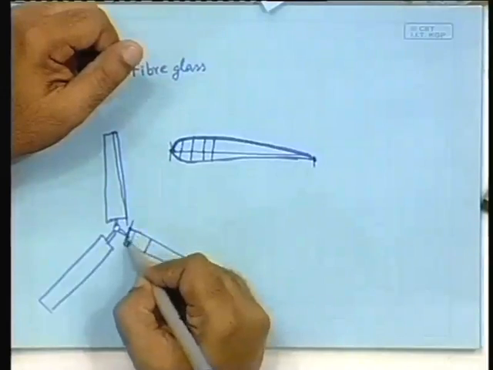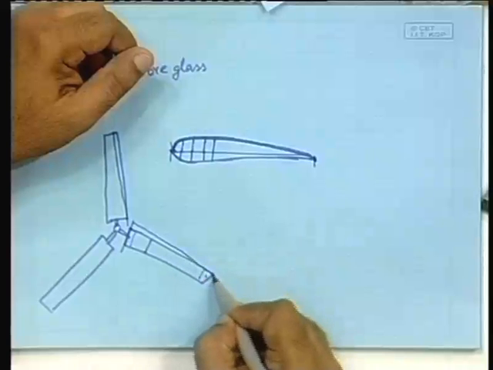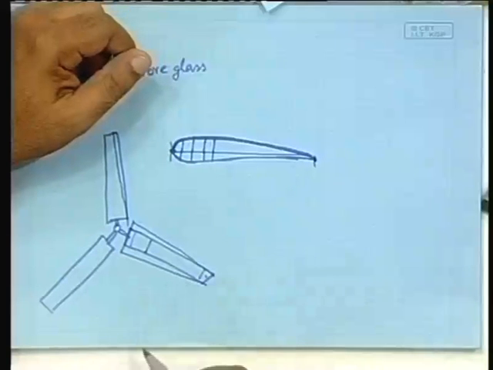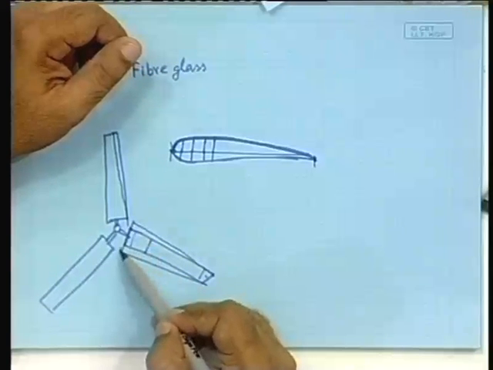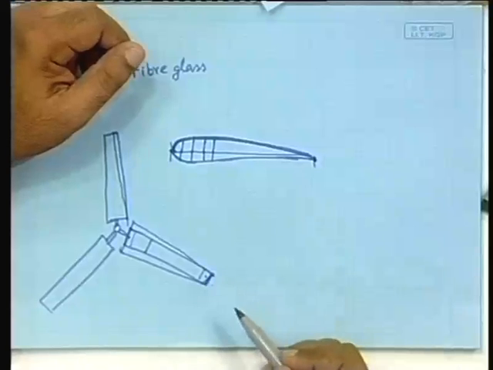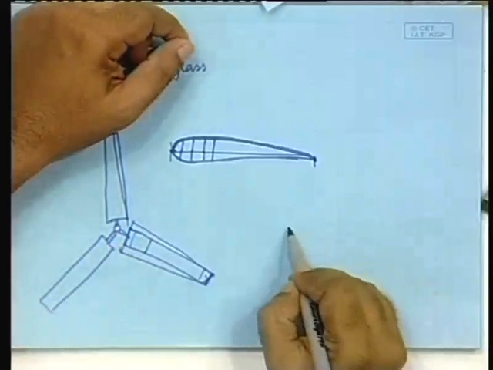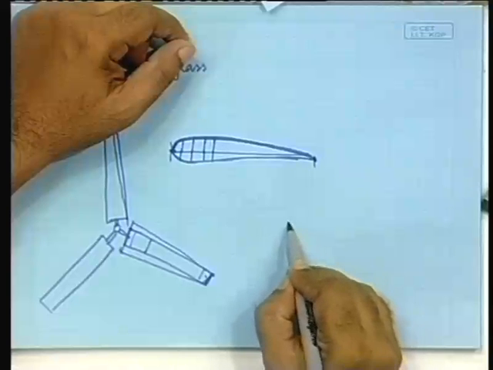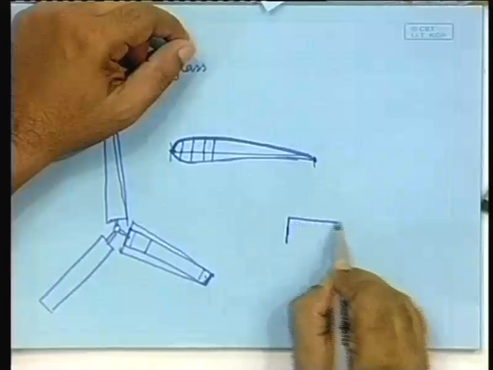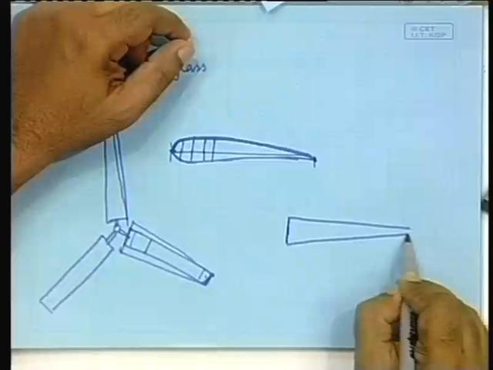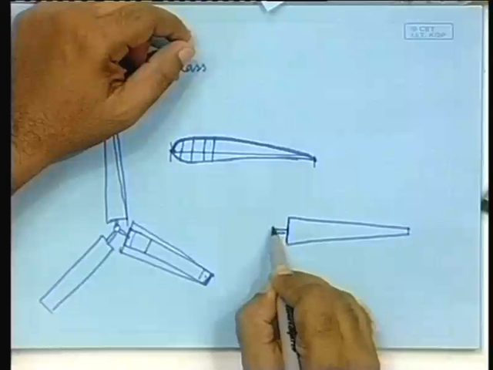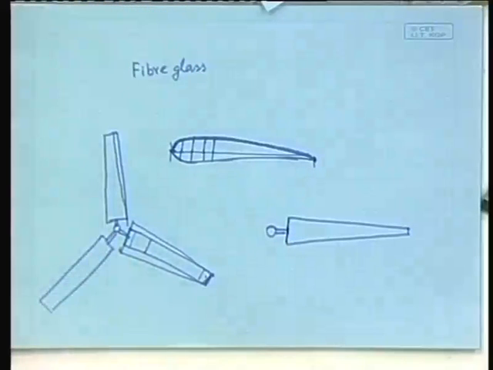So, normally you have to put a larger cross section, larger chord in the inner edge and a smaller cross section in the outer edge. In other words, it should have a taper. So, normally a blade should look like this. It should have a taper.